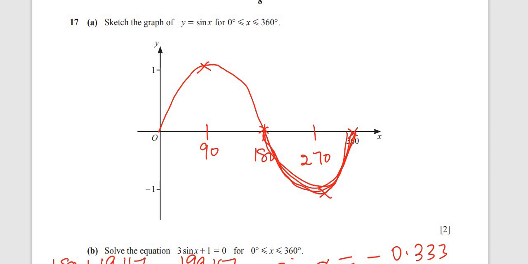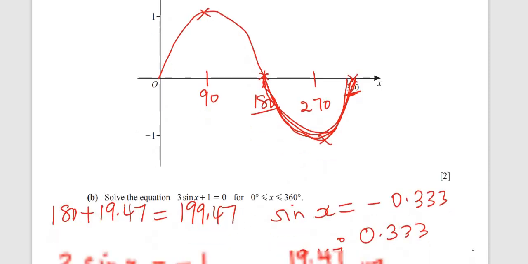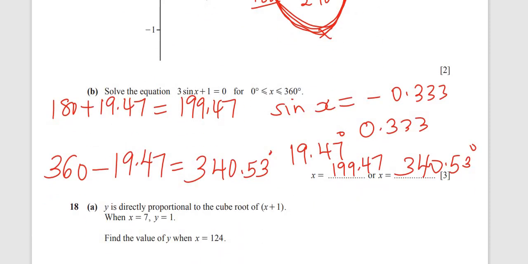To get one of them, you just need to add 180 plus the acute angle, which was 19.47. Then the other one, you subtract 19.47 from 360.